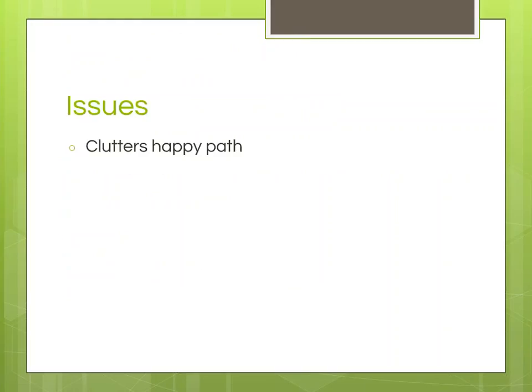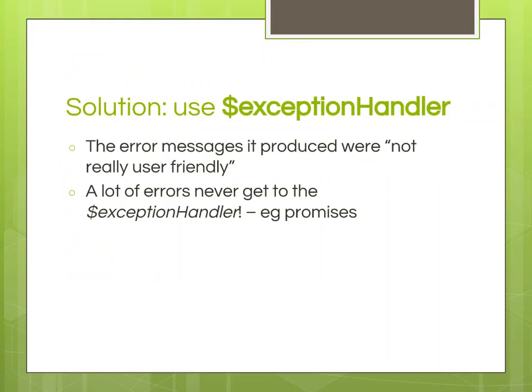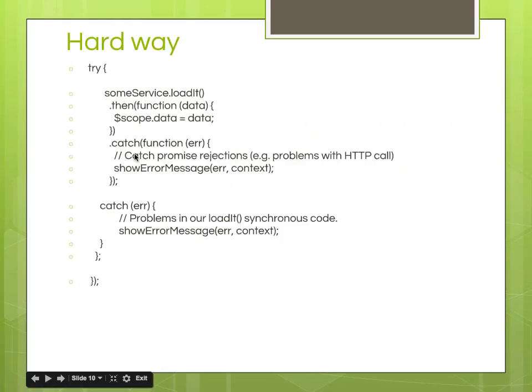Of course, it clutters the happy path. Also, the error messages it produced were not really user friendly, number one, and then a lot of errors. So what is the solution? You can do this in such a way that you route all the catch blocks into some function which will handle everything.